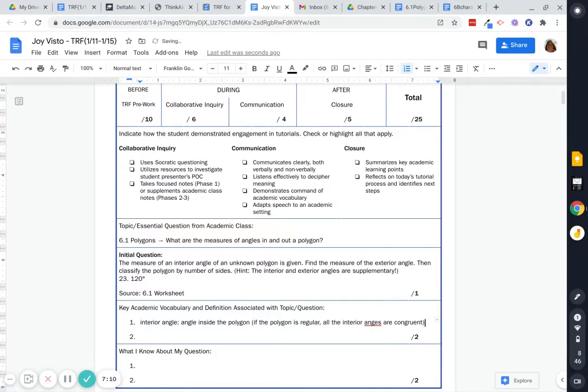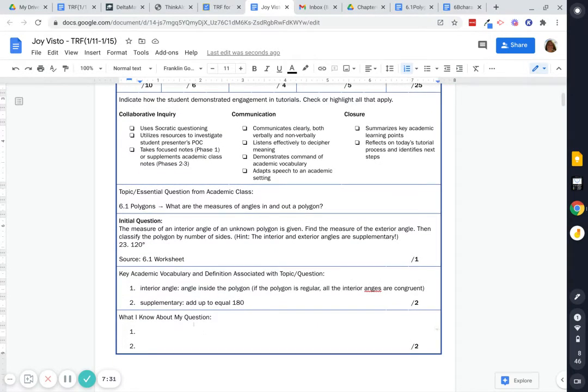Maybe that's an important piece of my definition. I noticed it says supplementary, so I'm going to add that. Add up to equal 180. Right? Supplementary was in the hint, so that's probably an important word that I define. I could add how to classify, I could write what a polygon is, I could write all sorts of stuff.